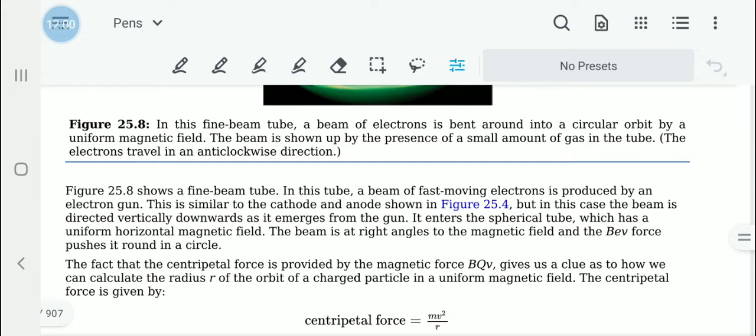However, when it enters this spherical tube, it has a uniform magnetic field. As a result, it will be bent into a circle.